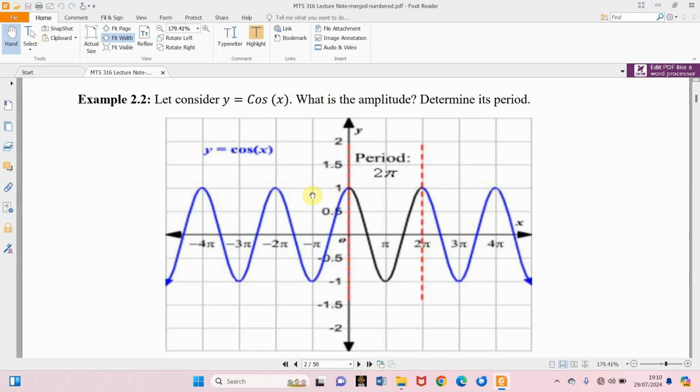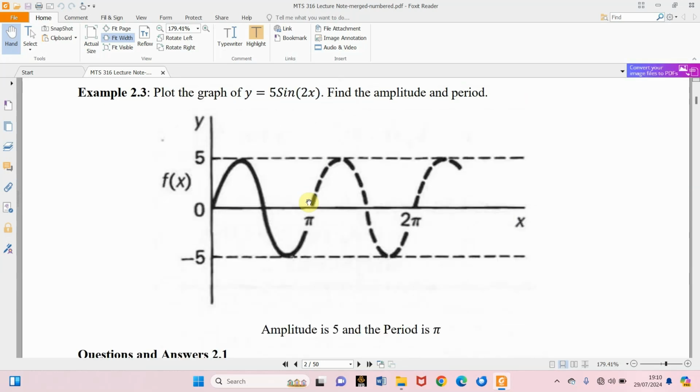So let's consider example 2.3. In this example, we have 5 sine 2x. The question is: what is the amplitude and the period of this particular trigonometric function, which we can also refer to as a periodic function? As you can see from the graph on the screen, it completes a cycle between 0 and pi.